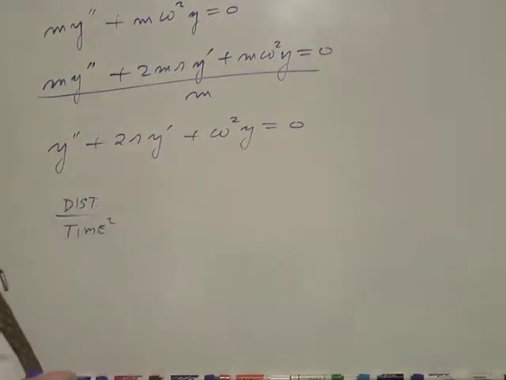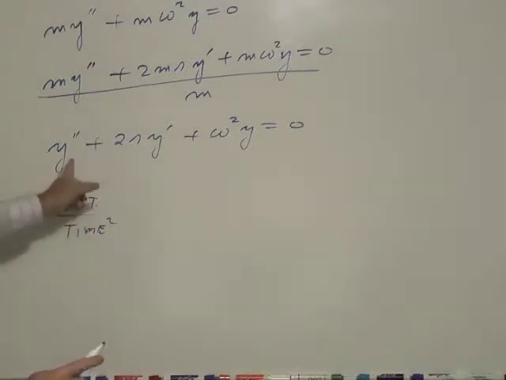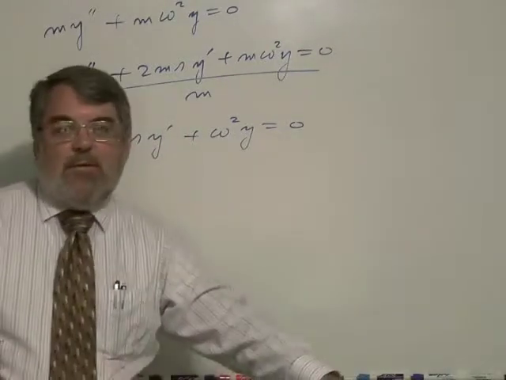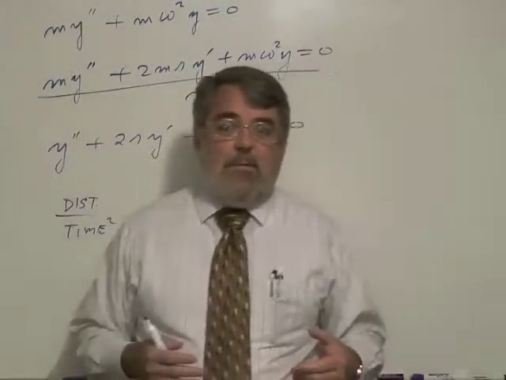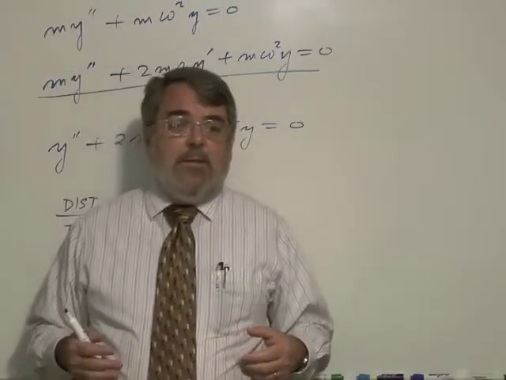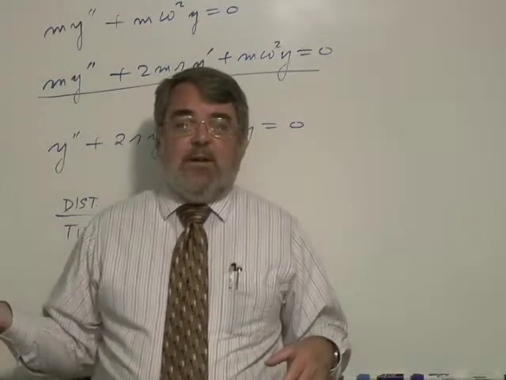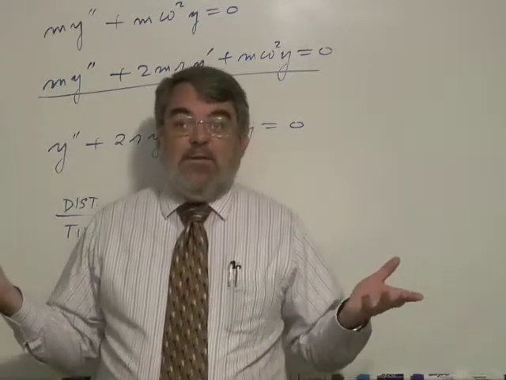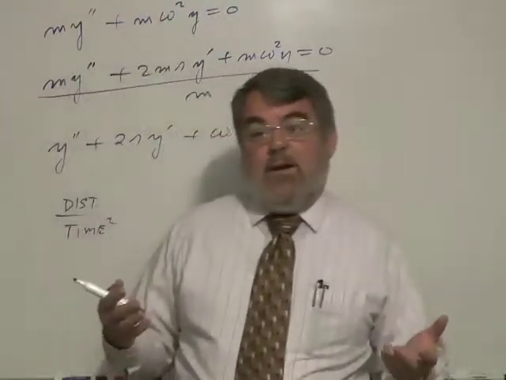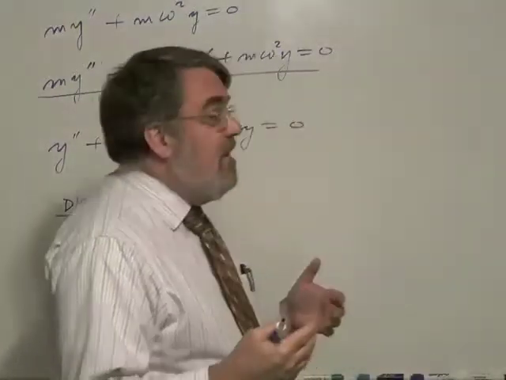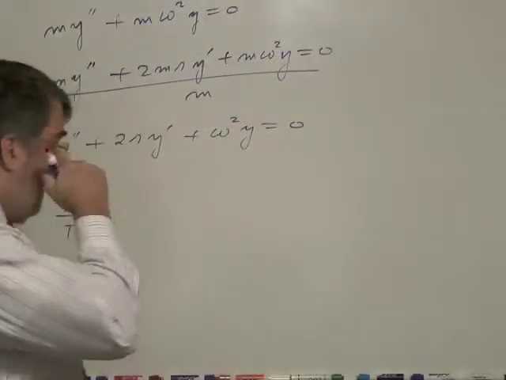And this has to be distance per time squared. See, these units have to be the same across the equation because we can't add things with different units. Have I made that point before? If I add 10 feet plus 13 seconds, I don't get anything that makes sense, do I? Because the units are different. And we can only add things that have the same units together. It's the same as combining like terms in algebra.